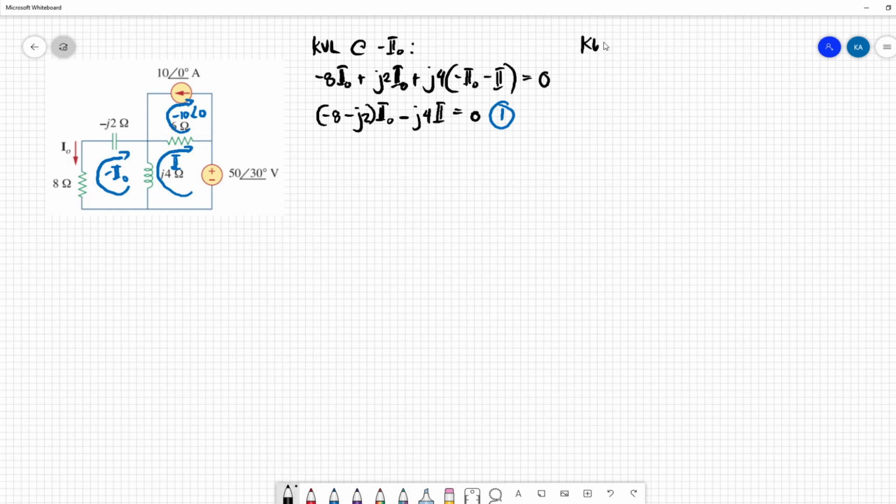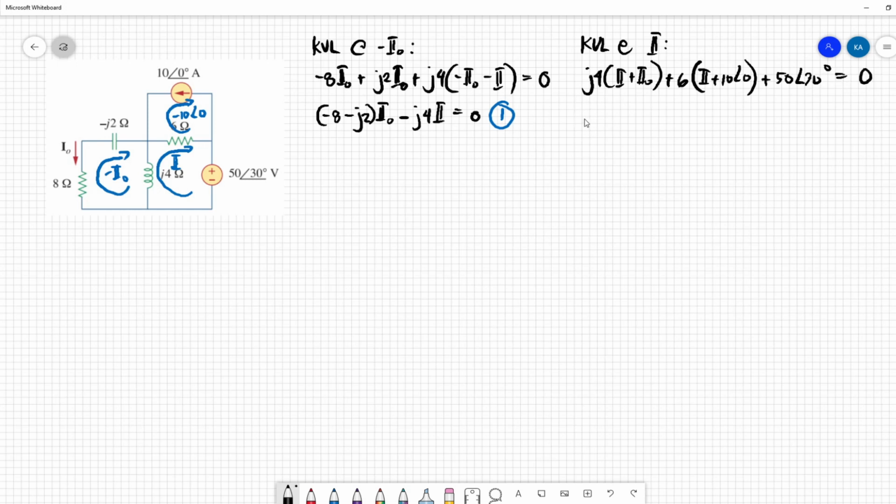Applying KVL at mesh I, we have G4 and quantity I plus IO plus 6 quantity I plus 10 angle 0 plus 50 angle 30 degrees equal to 0.